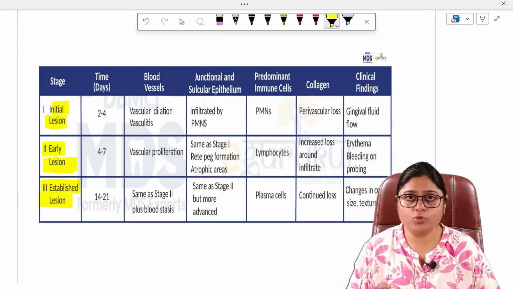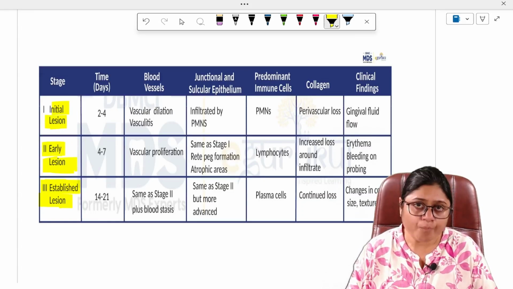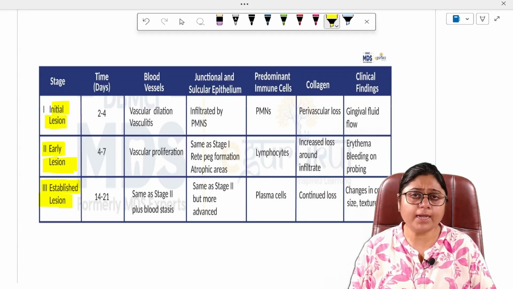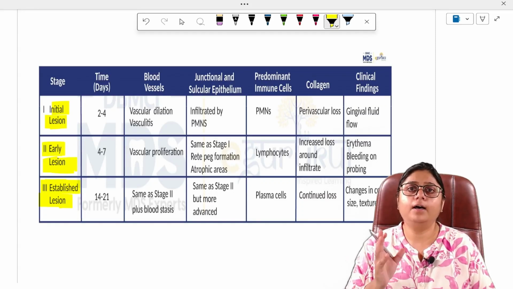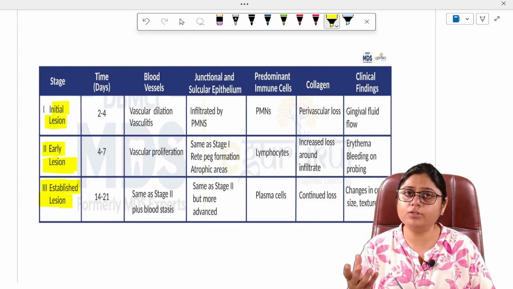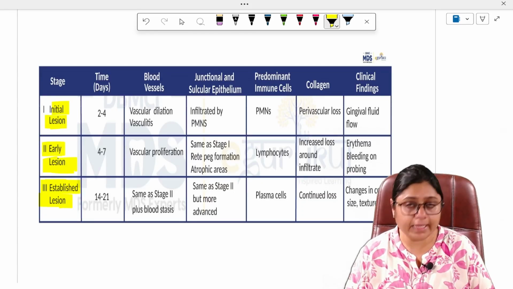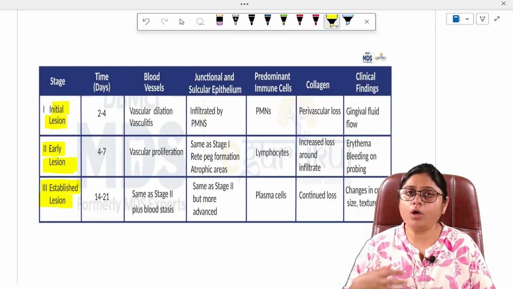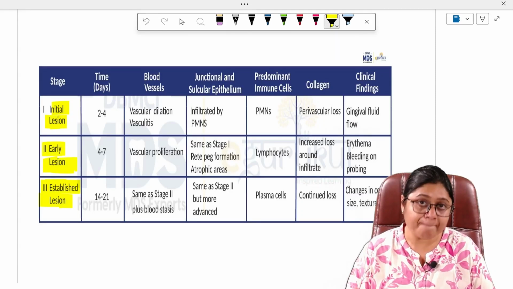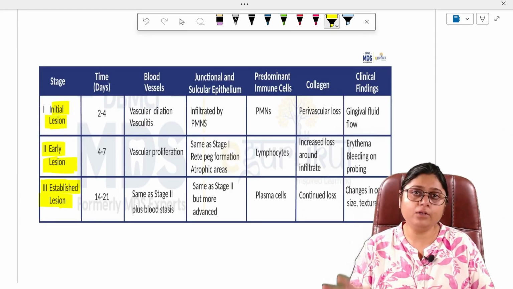How is this decided? A scientist called Löe did a study and refrained the dogs from brushing, meaning he didn't brush the dogs' teeth for at least 30 days. And then he saw how much plaque was accumulated and what gingival changes happened in those beagle dogs.